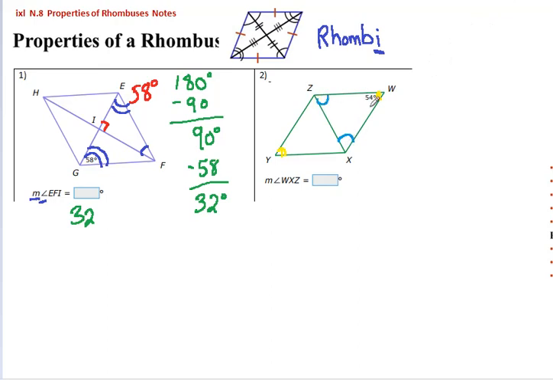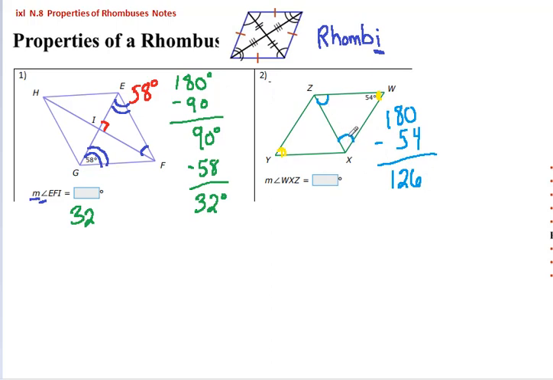Right? So inside again, we have 180 degrees inside this triangle. So if you type in your calculator 180, take away this one, 54 degrees, that's going to give us 126 degrees that's left over.